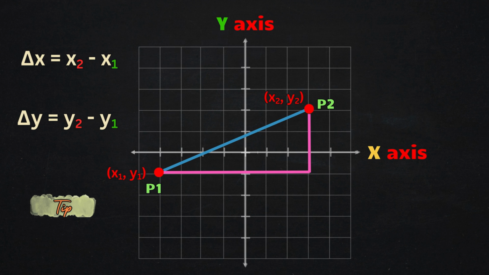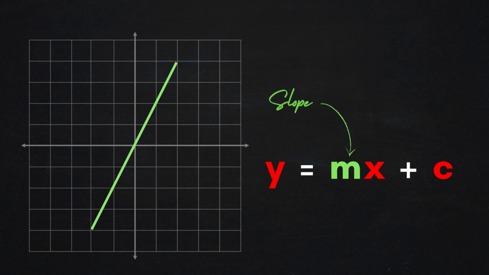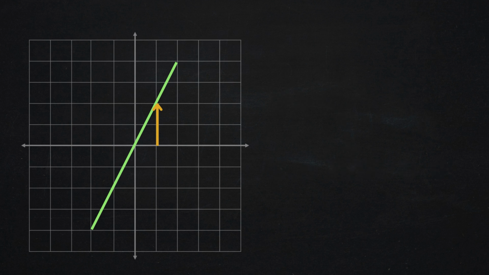Okay, the slope m of a line segment is the measure of steepness of the line. It tells us how much the y value increases or decreases when we move 1 unit in the x direction. Mathematically, slope is given by y2 minus y1 divided by x2 minus x1.